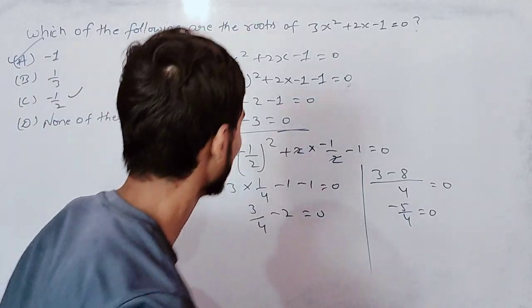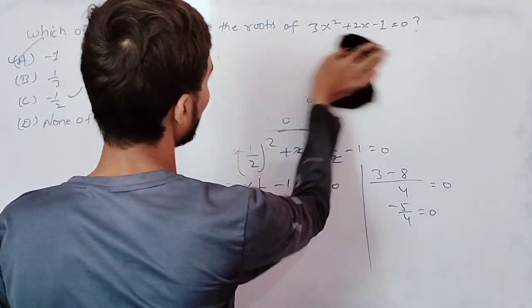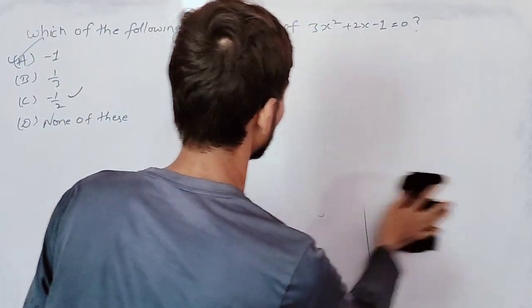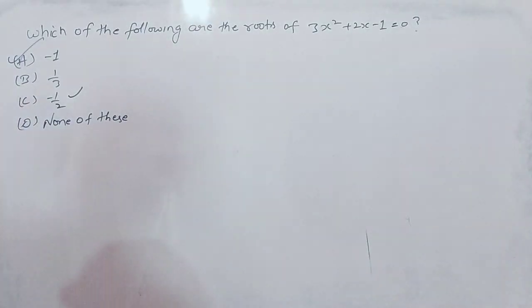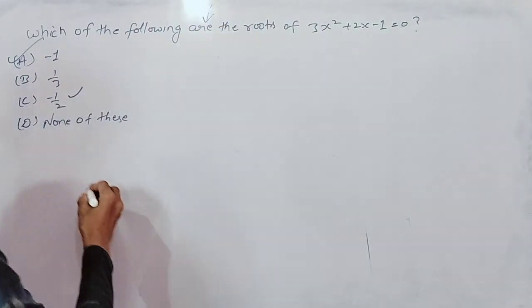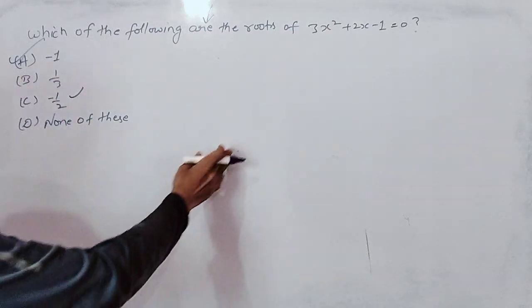Otherwise you can use another method. The question was asking 'are', it means there can be 2 or more roots.